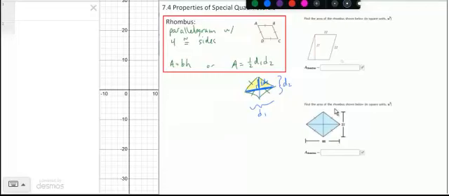So the total area of this rhombus is 2 triangles. Each triangle is 1/2 the base D1 times the height, and we established this height was 1/2 D2. Notice what happens: the 2 and this half cancel, and now you have D1 times D2 times 1/2. That gives you your second formula.